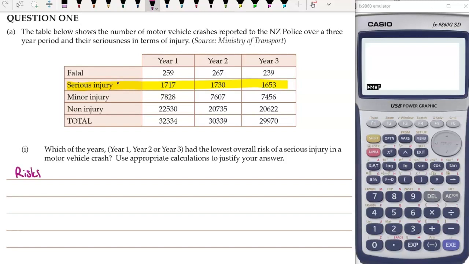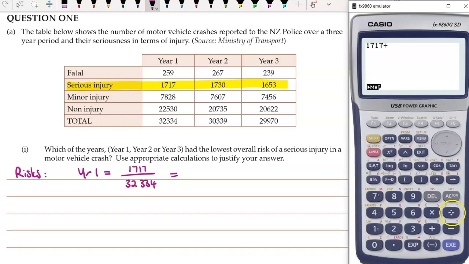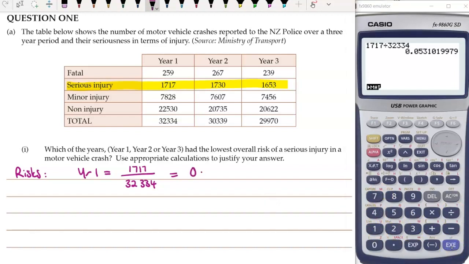Risks for those: year 1 is 1,717 out of 32,334 crashes. So that's a 0.0531 chance of those crashes resulting in serious injury.